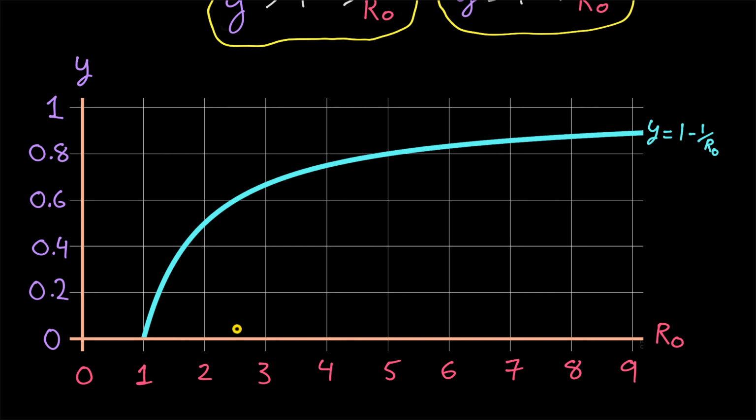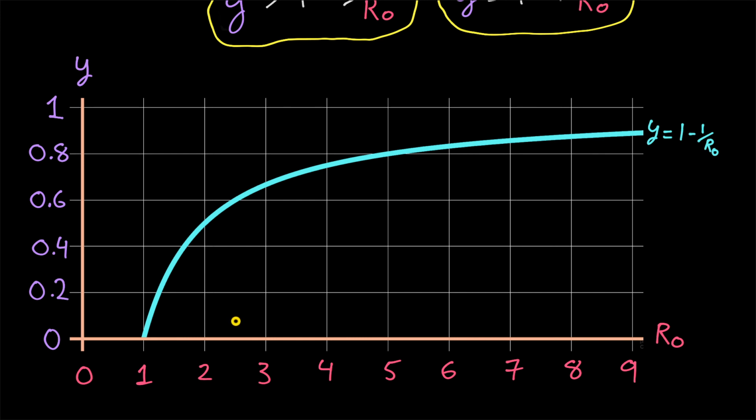Let's assume that in the US, in the very beginning, R naught was equal to 2.5. An average infected person would infect 2.5 other people. And let's now assume that we have induced a cultural change in the US. We have convinced everybody in the US to wear masks.